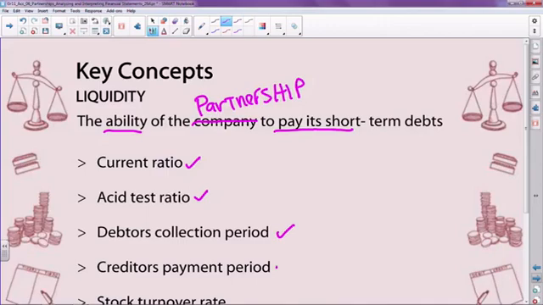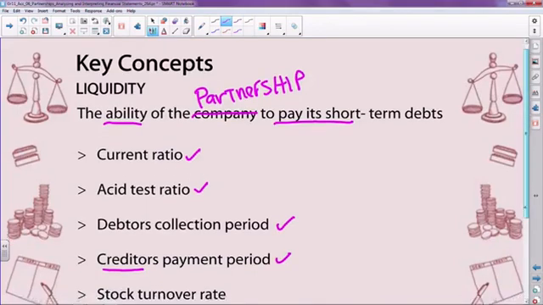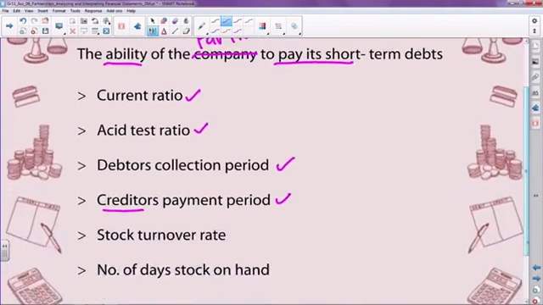Creditors payment period: how long is the business taking to pay its creditors and the impact this has on liquidity. Then we've got your stock turnover rate: how quickly does the business sell its stock? And the last one, the number of days stock on hand: how much stock on average does the business keep on hand?